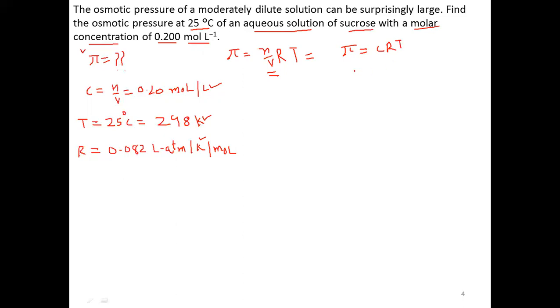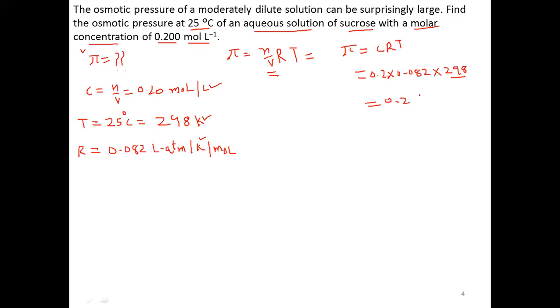So by just putting the values, C is 0.2, R is 0.082, into what is the temperature, 298. So it is quite easy to calculate. If we assume it around 300, let us assume 300. So 300 into 0.082 is 24.6.